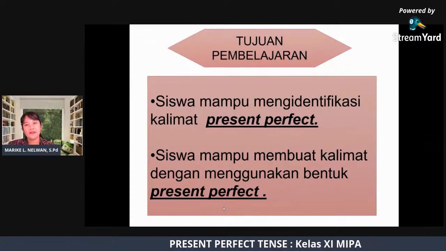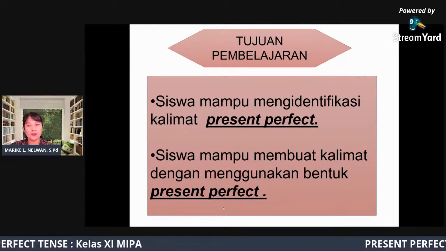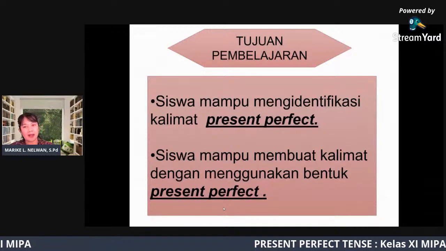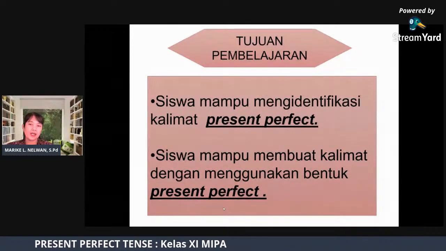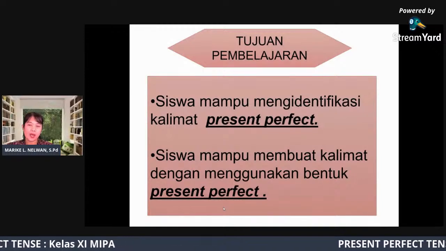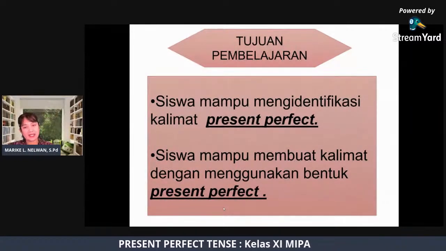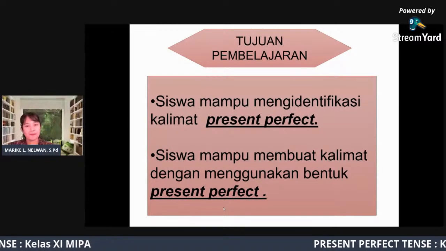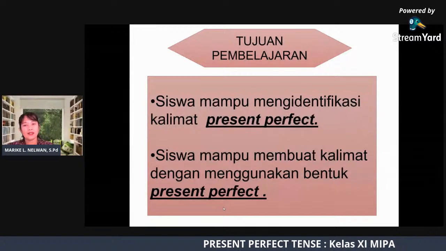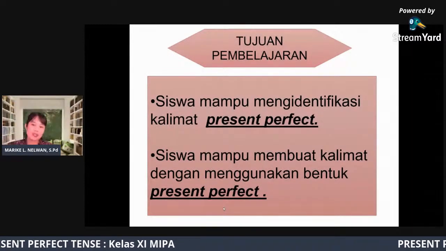The objective learning atau tujuan pembelajaran dari topik ini ada dua. Yang pertama, after finishing this material, you are expected to be able to identify the present perfect sentences, and the second is you are able to make sentences use the form of present perfect.